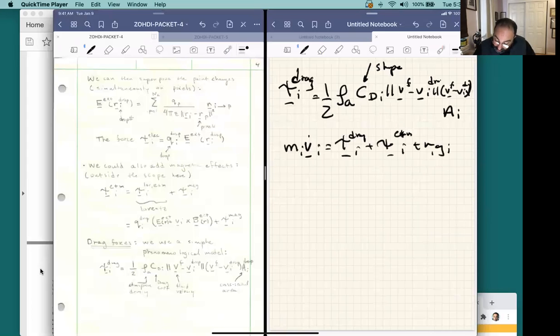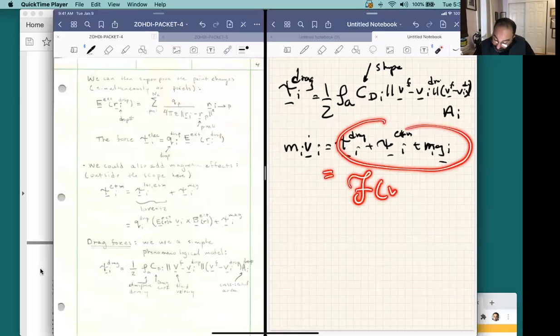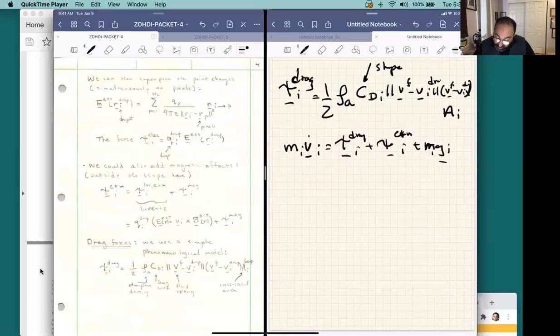There's very little chance that we're going to be able to solve this thing analytically, but it's a piece of cake numerically, because all of this stuff we're just going to lump together and call F of V. So F of V has many different things hidden inside. It has the difference between the velocity of the fluid and the velocity of the drop. You can immediately see this as a nonlinear term.